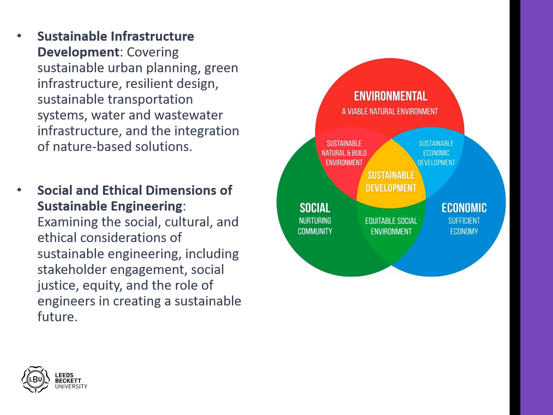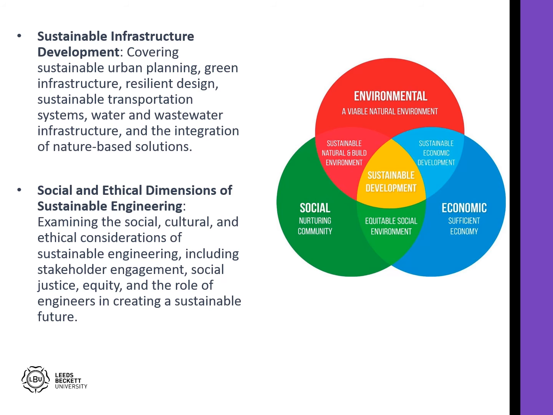Sustainable infrastructure development, covering sustainable urban planning, greener infrastructure, resilient design, sustainable transportation systems, water and wastewater infrastructures, and the integration of nature-based solutions. And so, environmentally viable, natural environment, sustainable economic development, economic sufficiency, equitable social environments, nurturing communities as well.